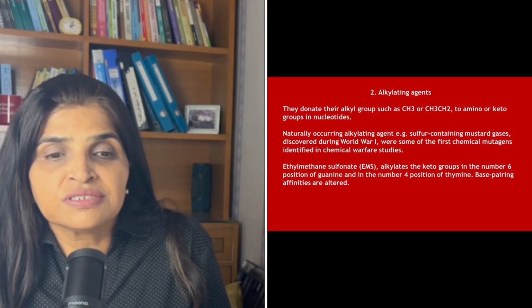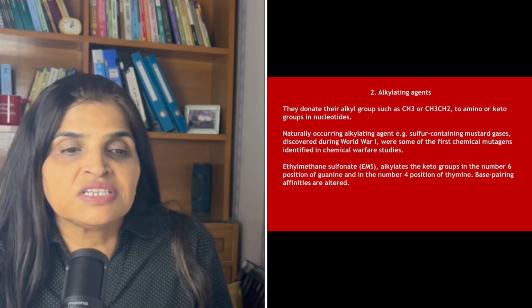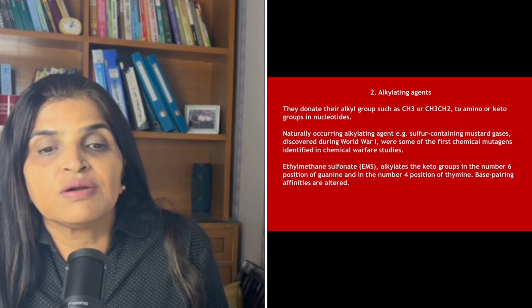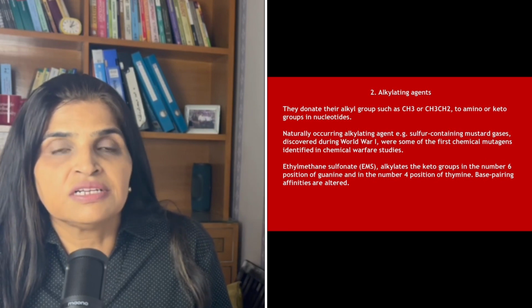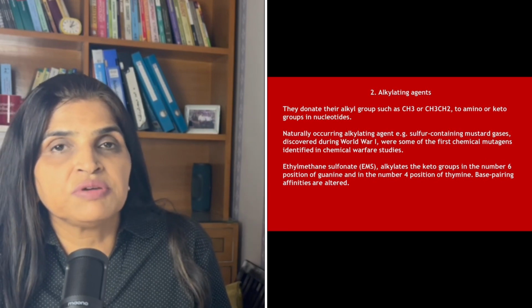It was the first chemical mutagen identified in chemical warfare studies. During the World War, when different chemicals and their effects were being discovered, it was observed to be an important mutagen and it was used in chemical warfare. I said the alkylating agents donate their alkyl group to the amino or keto group.